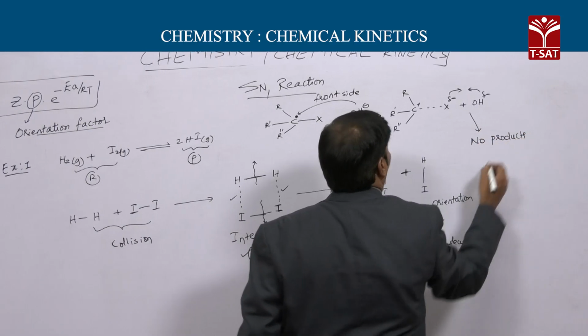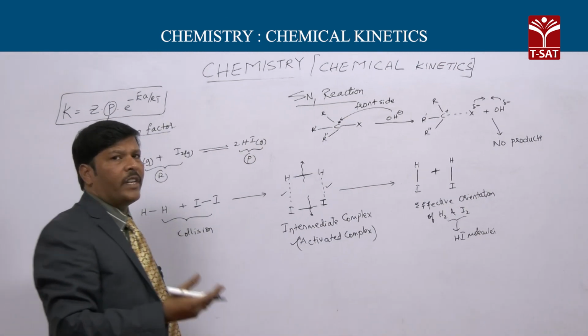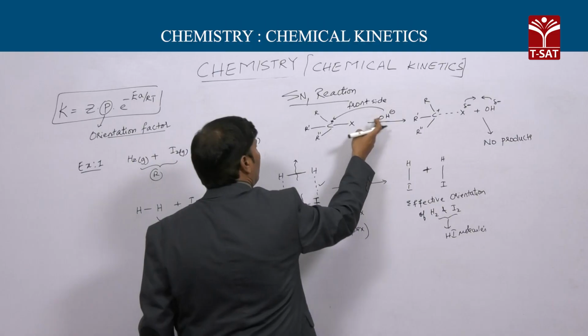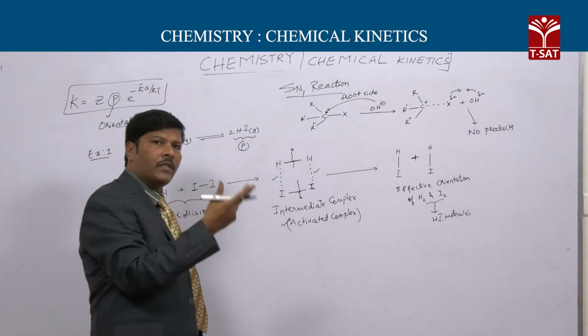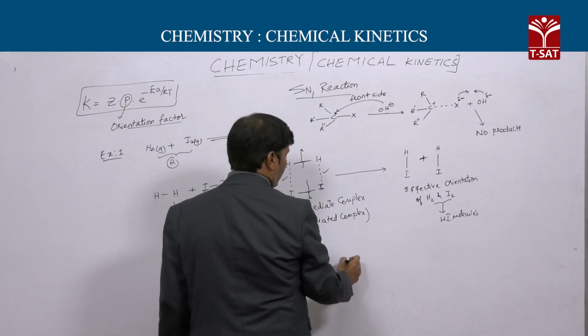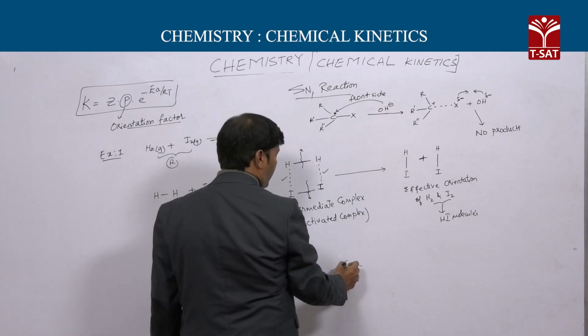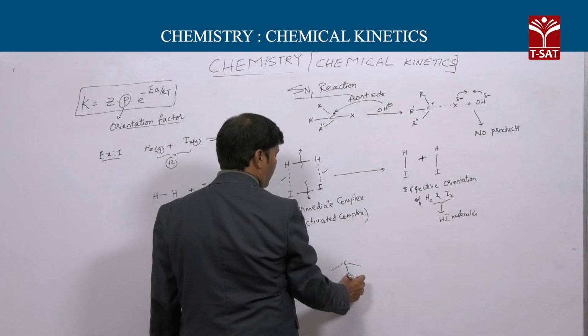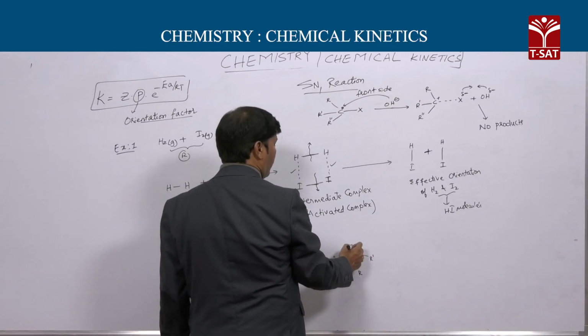So when no products are formed, then how could we see that it can produce orientation effect? That means this incoming nucleophile can attack the stereogenic carbon from the back side as well as the front side. So in the orientation effect, you can take it like this, that is, take the same alkyl halide, that is R, R dash and R double dash. If you take it, it becomes a carbocation.